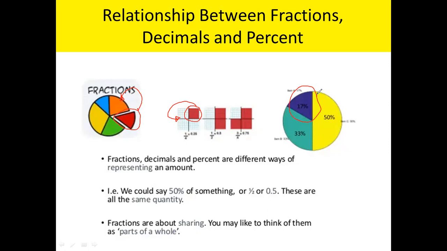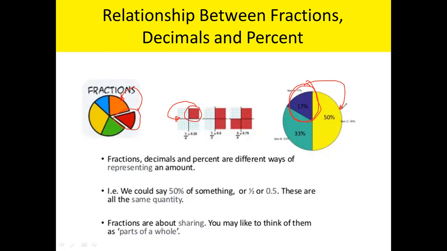Therefore, a percentage can also be a part of a whole, which is this whole circle representing 100%. So the three of them are part of a whole, and therefore we can identify their relationship. They are all representing a part or an amount.